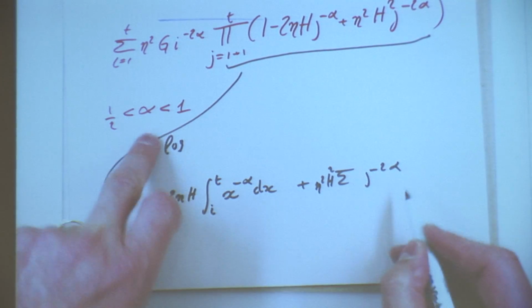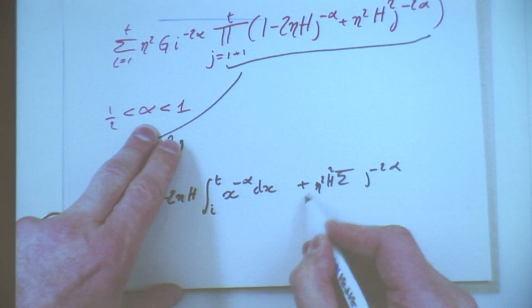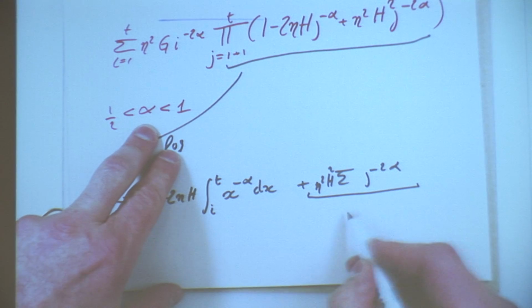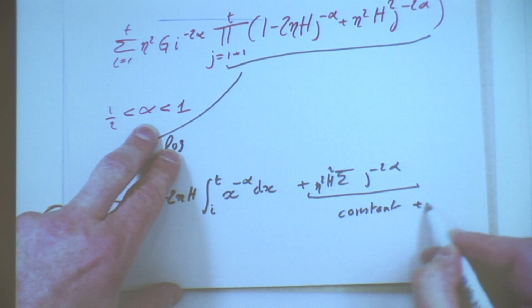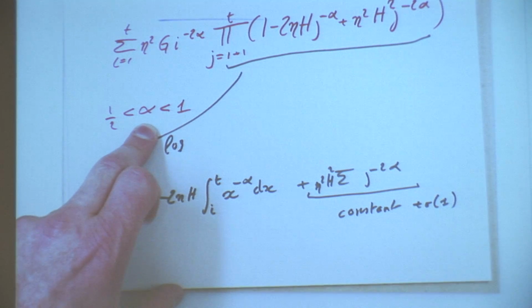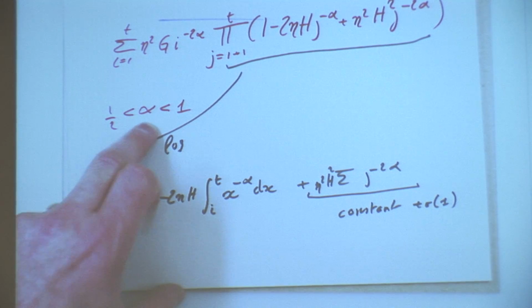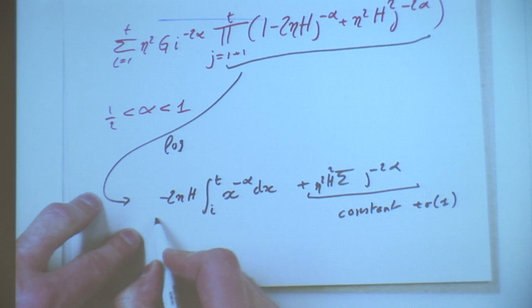Because if alpha is greater than 1/2, this is a convergent sum. So this is a constant plus something that goes to 0. So I'm left with this.